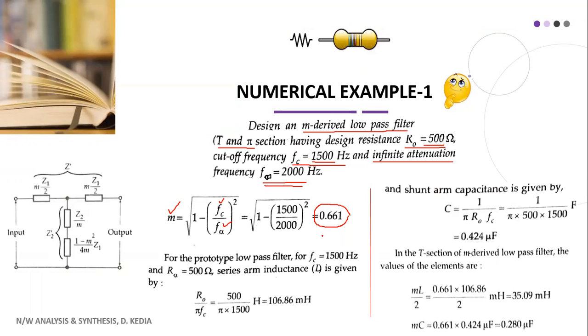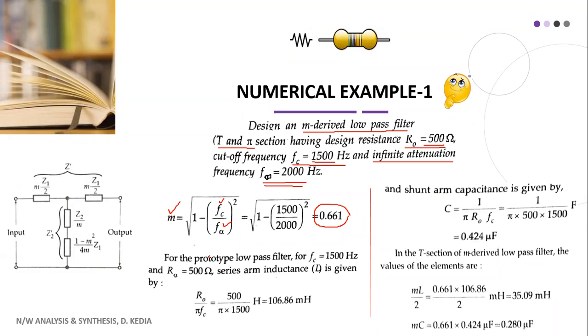So our first job in case of M-derived filter designing is to obtain the value of m, and then after that we will use the design equations that we had discussed for prototype filters, the value of L, the value of C, and then we will use the structure of the M-derived filter by using the value of m and L.